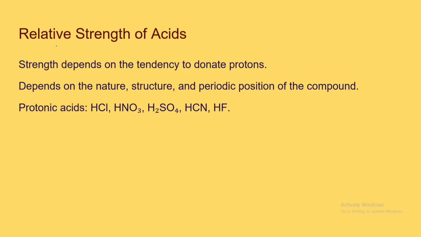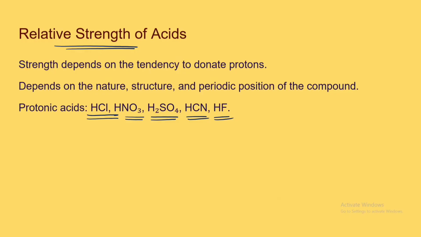Now coming on to the relative strength of acids, and what are the various factors we need to keep in mind when we are talking about the strengths of acids. When you're talking about the strengths of the protonic acids like HCl, HNO3, sulfuric acid, HF, all these can be compared by their tendency to give protons, because all of them have protons, right?